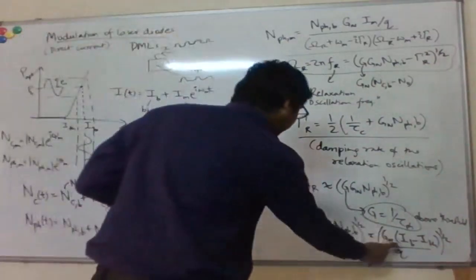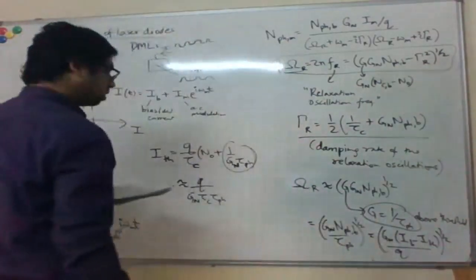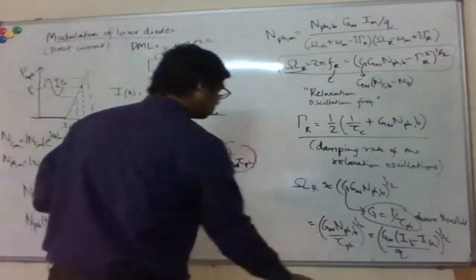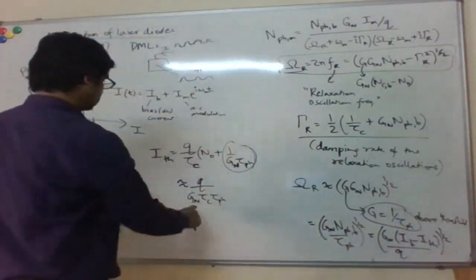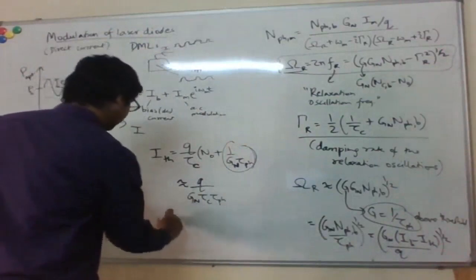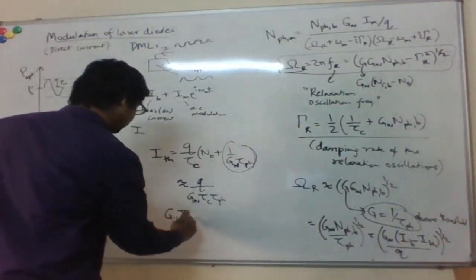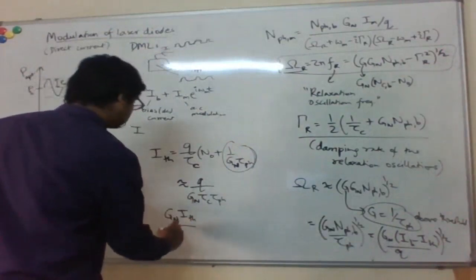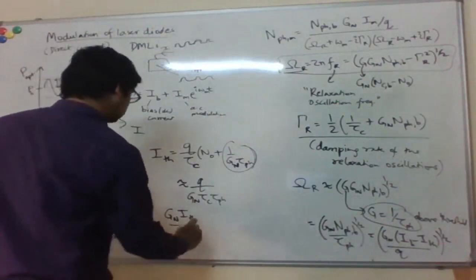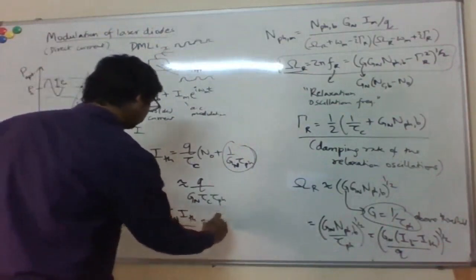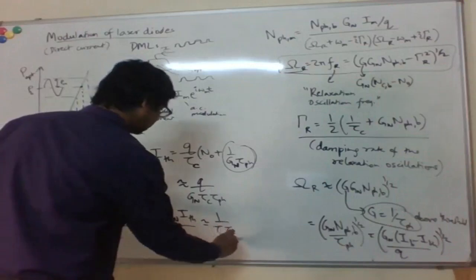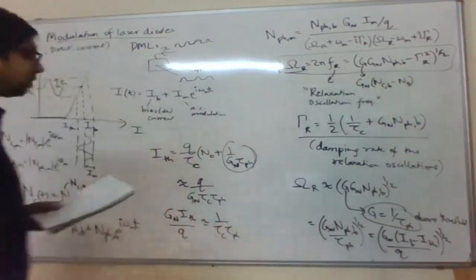if I write this, let's take some terms there. So Gn I threshold over Q is basically 1 over the product of the carrier and the photon lifetime.